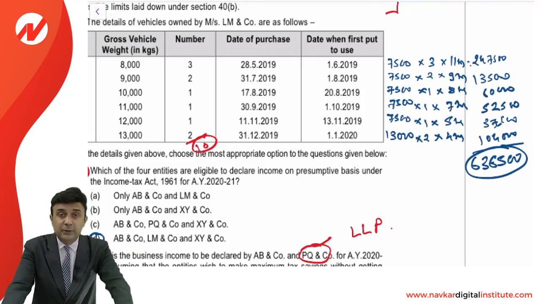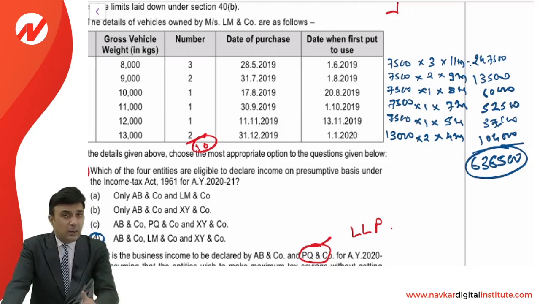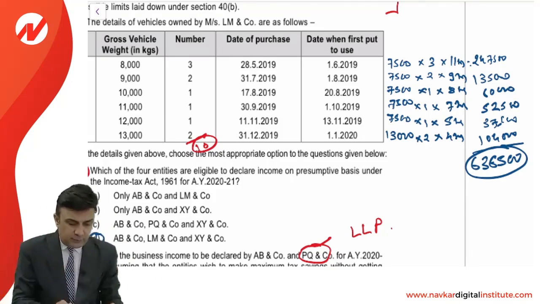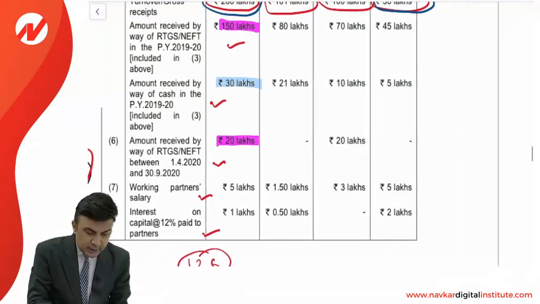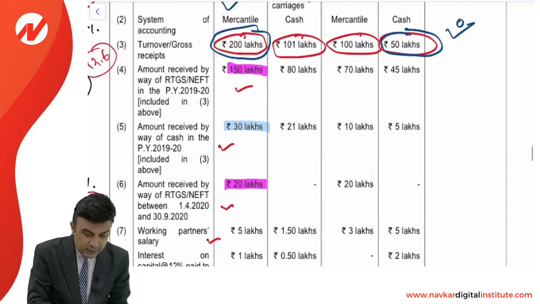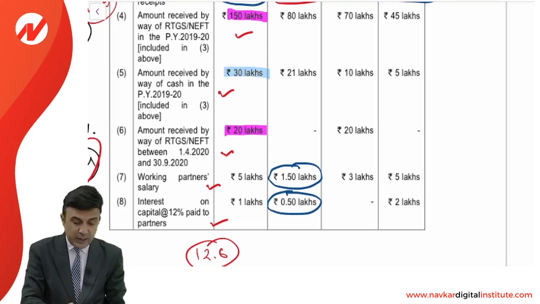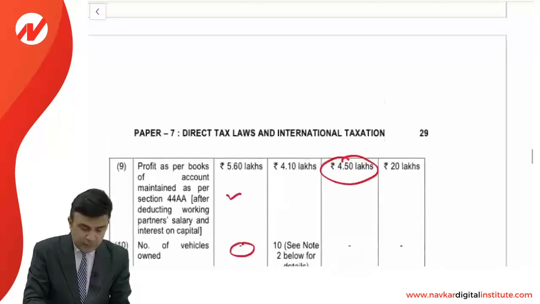But if it is the presumptive tax system under section 44AE, this 7,500 or 1,000 rupee per ton per month would be the income from which all expenditure is not deductible except the remuneration and interest payable by the firm to the partner. Can I say in our case, working partner salary, clearly mentioned as per 40B, is 1,50,000 and interest is 50,000.